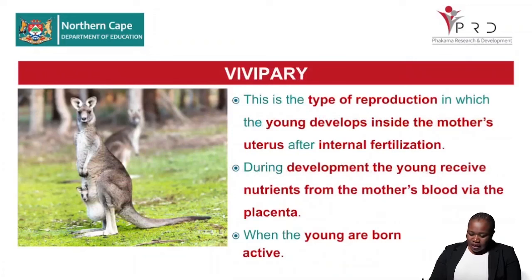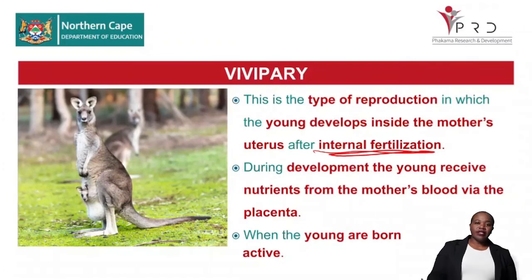Okay, now with vivipary, this is a type of reproduction in which the young develops inside the mother's uterus after internal fertilization. So with ovipary, fertilization can be internal or external. Now with vivipary, fertilization is only internal. Here, fertilization is internal and development is internal.